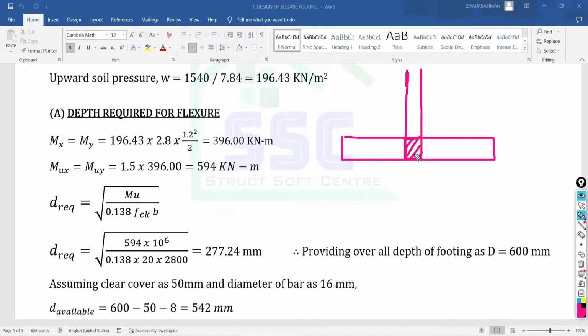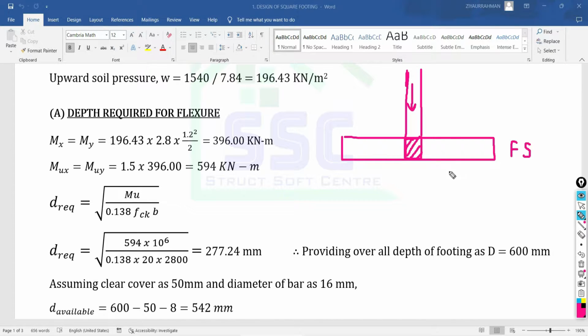It means that the portion of this footing slab which is under this column will be very stiff. This is not going to be influenced by the action of the column loading. Why am I going to call it infinitely stiff?